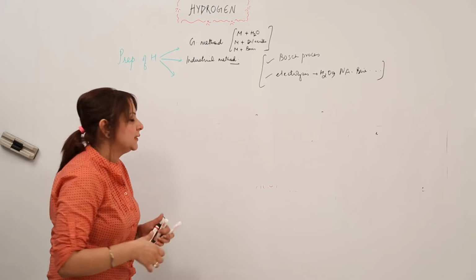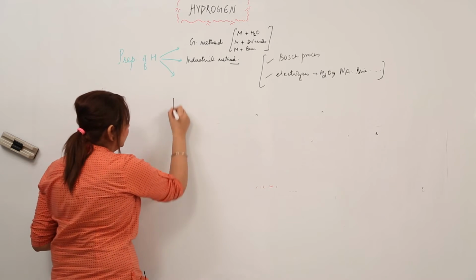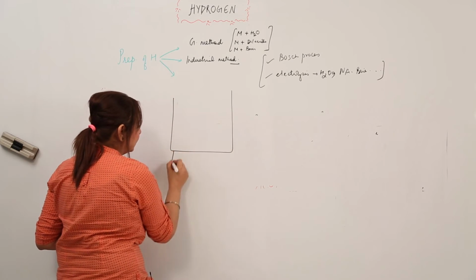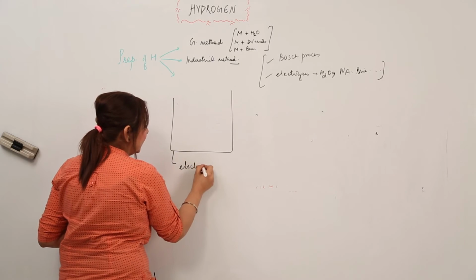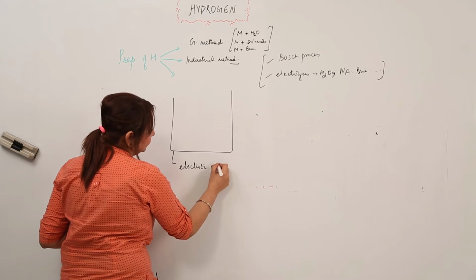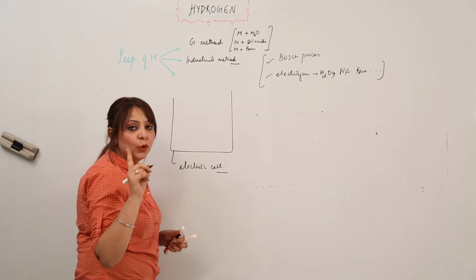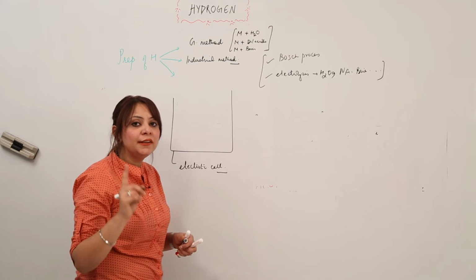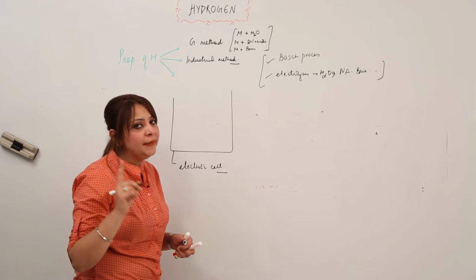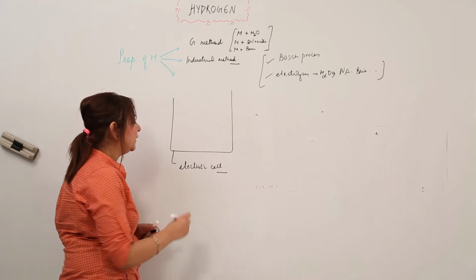What is electrolysis? In electrolysis we use an electrolytic cell, right? It is also called a voltameter, not a voltmeter. A voltmeter is an instrument used to measure potential difference. I'm saying voltameter, which is another name for the electrolytic cell.